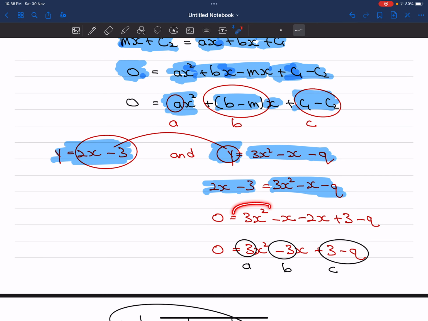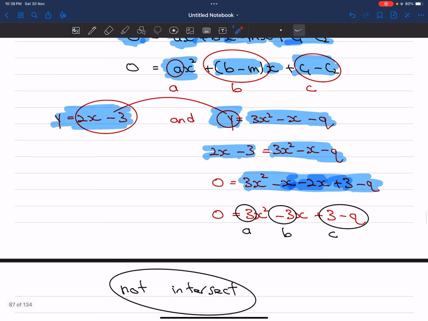So 3x squared, just copy back. The minus x, I just copy back. And then the 2x I transfer, minus 2x. And then the minus 3 transfers and becomes plus 3. And don't forget to copy back the minus q on the right hand side.